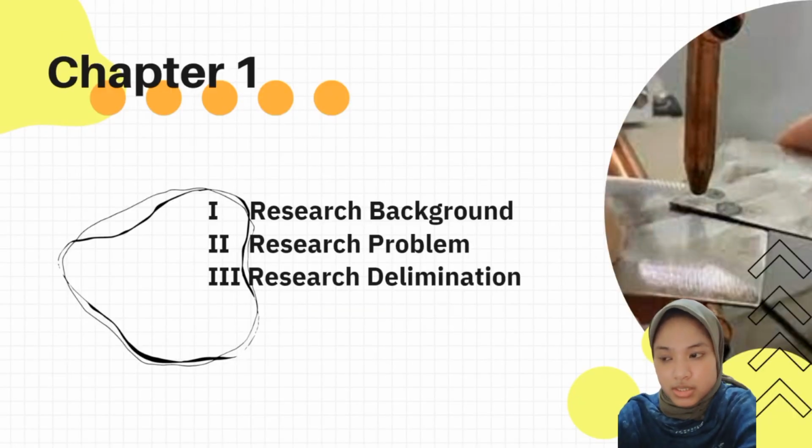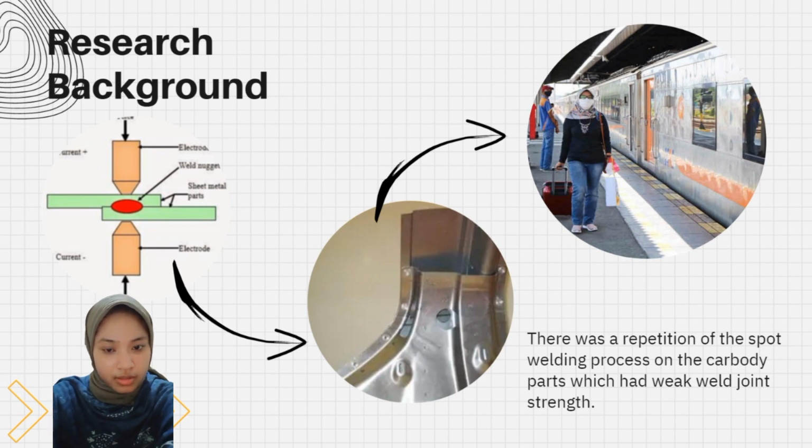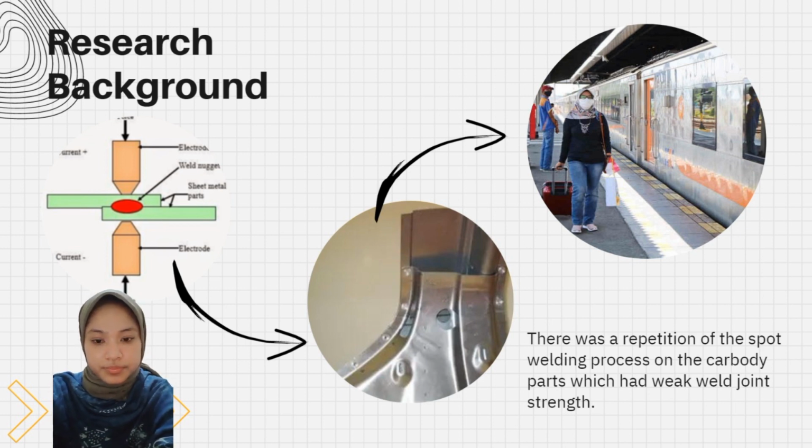Okay, chapter 1 research background, research problem, and research delimitation. First is research background of my final project.